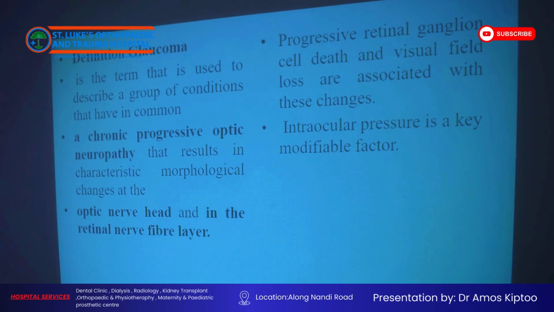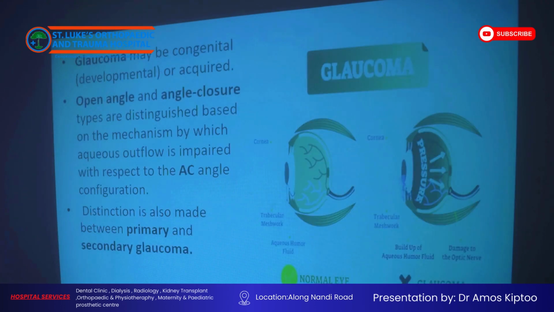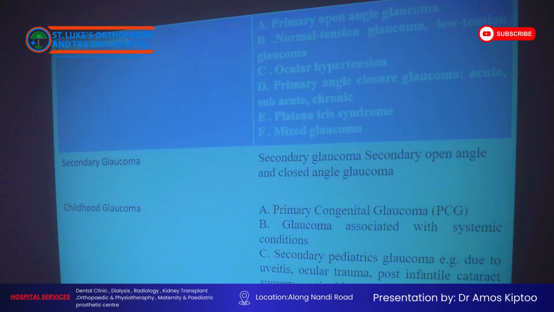So we have classifications of glaucoma. We start with primary, then secondary, and we have childhood glaucoma. For an adult, we have primary open angle glaucoma, and normal tension glaucoma, where the pressure of the eye is within normal limits but it causes changes in the optic nerves.